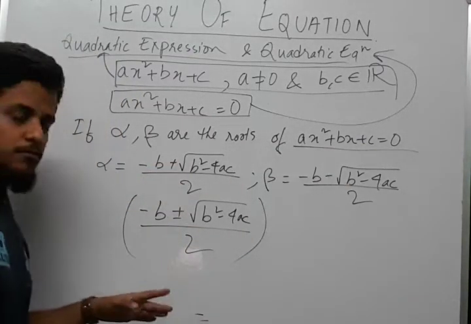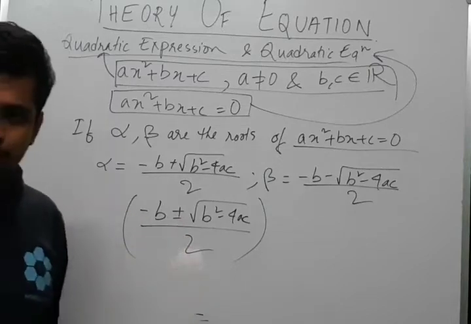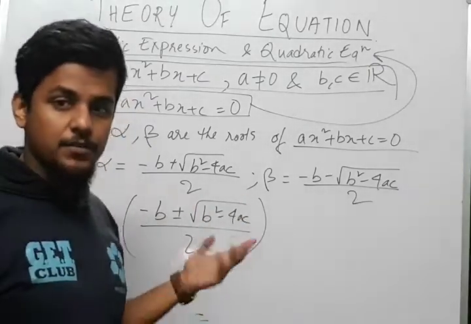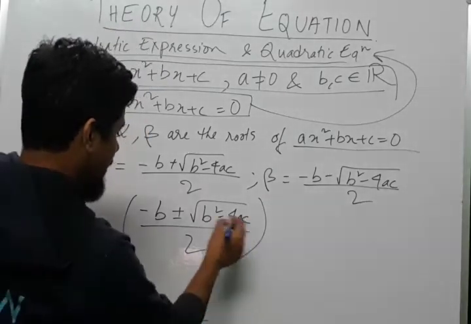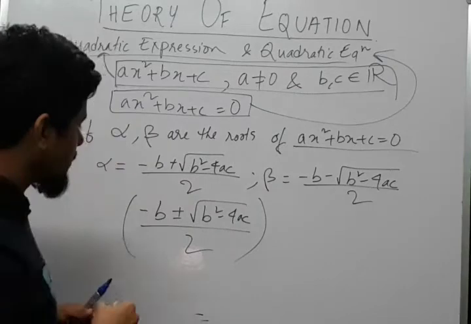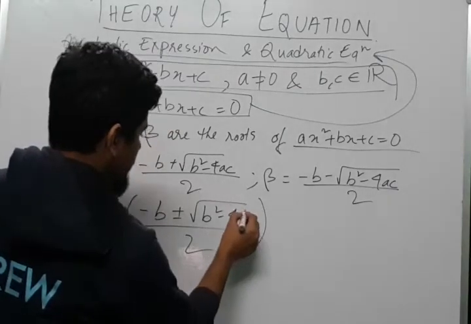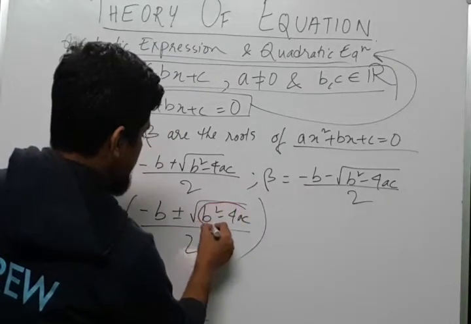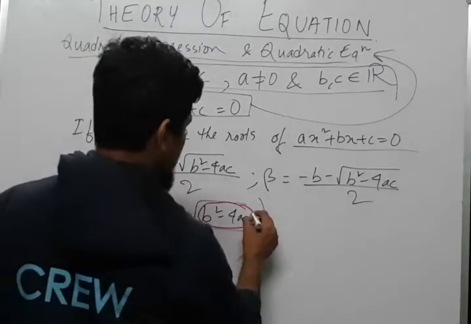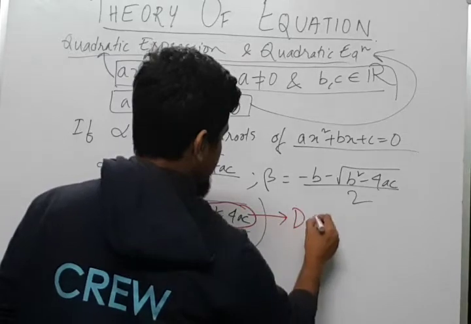Now we have found out the values of alpha and beta, but how can we know about the nature of alpha and beta? That nature depends on this b square minus 4ac, and this b square minus 4ac is nothing but the discriminant.